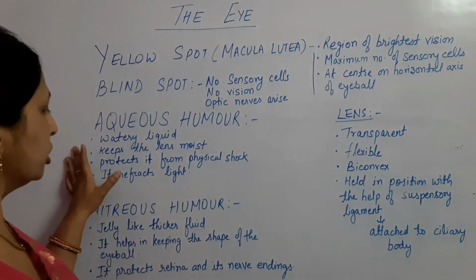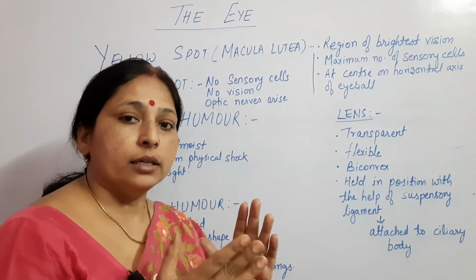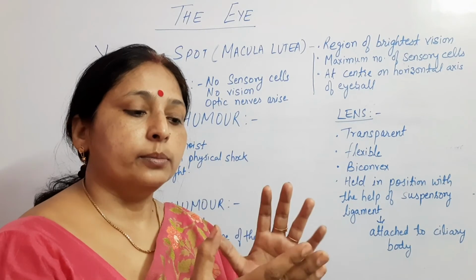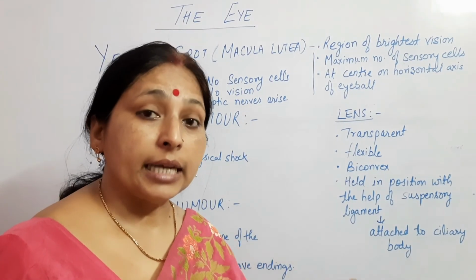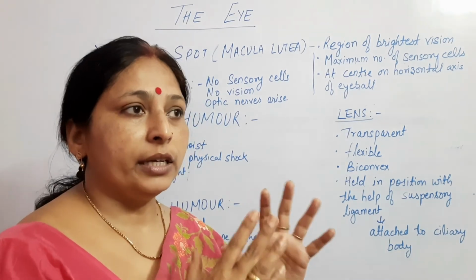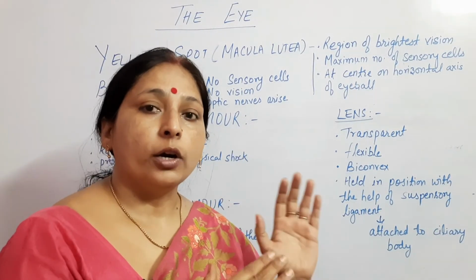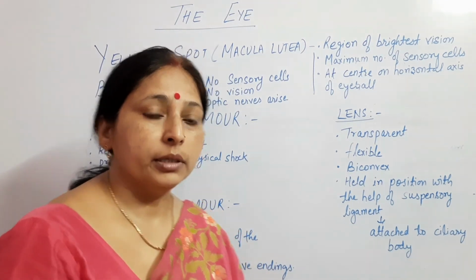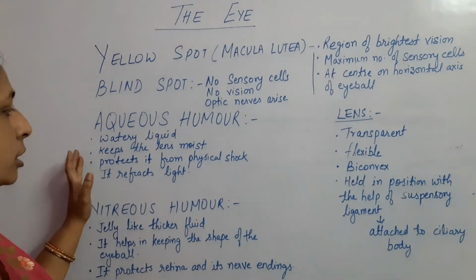Next is the aqueous chamber and vitreous chamber. The aqueous chamber is the area of the eye just in front of the lens, that is between the cornea and lens. It contains a watery liquid which keeps the lens moist.